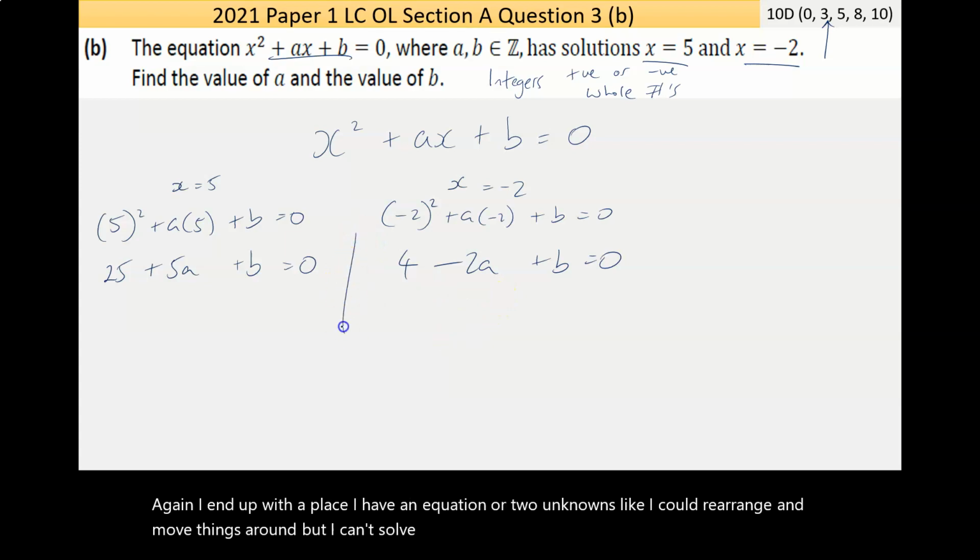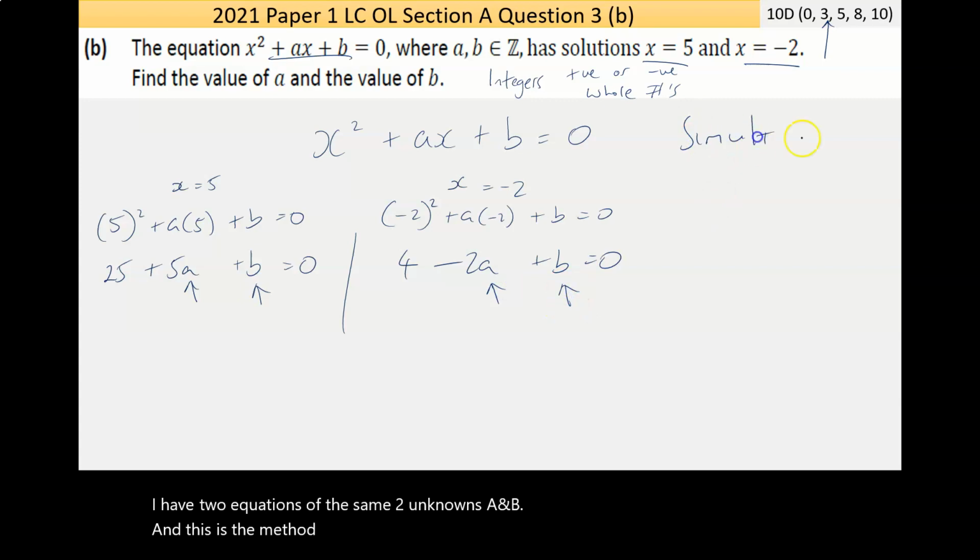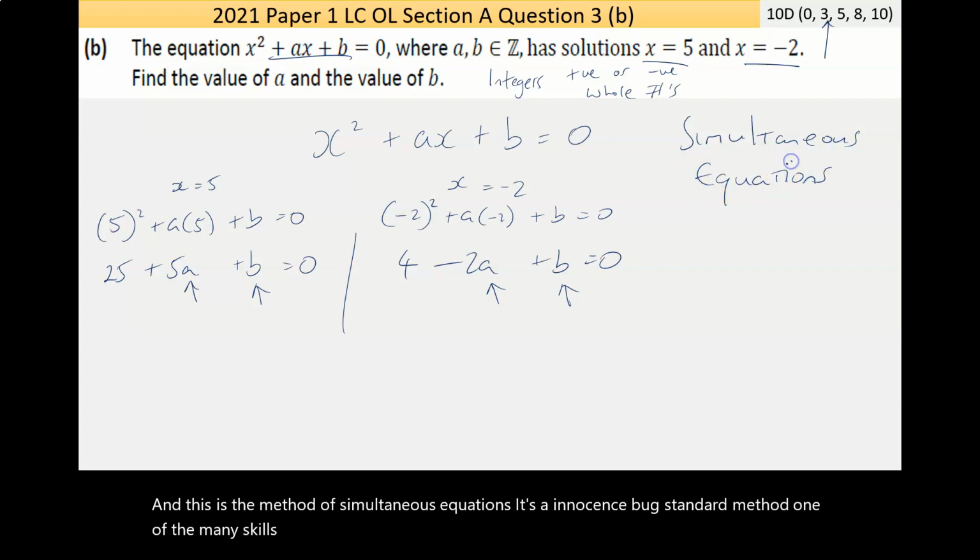There's a trick here, though. I have two equations of the same two unknowns, a and b. And this is the method of simultaneous equations. It's, in a sense, a bog standard method, one of the many skills you need to know if you're trying to get a high grade in maths.